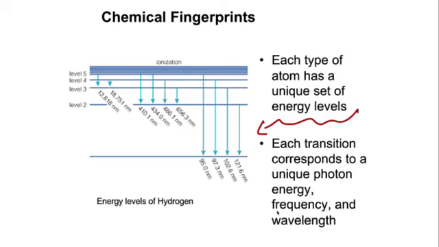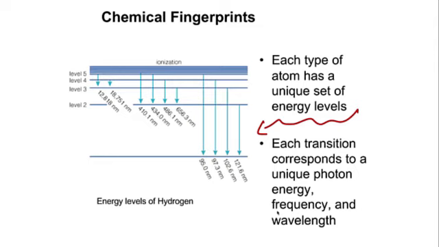So if a photon's coming along with some energy, and that atom absorbs that photon, that energy has to be contained within that atom. And that typically happens by exciting an electron to a higher energy state. Then that electron can jump back down, and what will happen? Well, a photon will be emitted with exactly the same energy as the difference between its higher state and the lower state that it jumped down to.